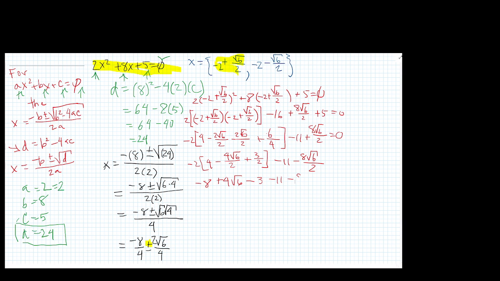Let me write that instead. Notice here how we have 8 divided by 2 and they're not in the radical. That's easy. That is a 4. And we keep our square root of 6. And that is equal to 0.